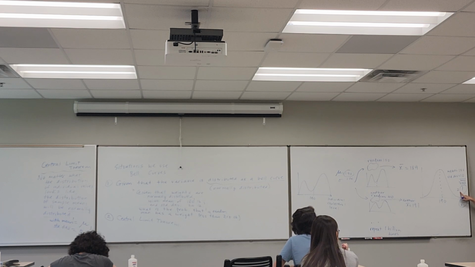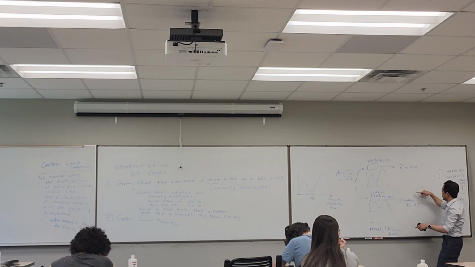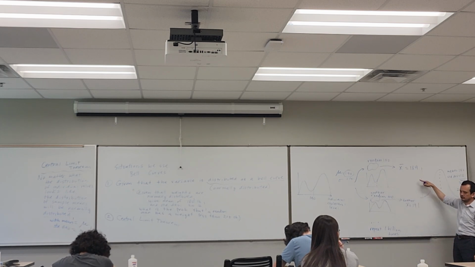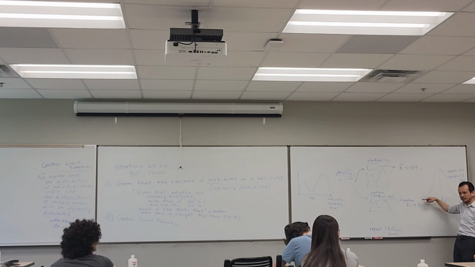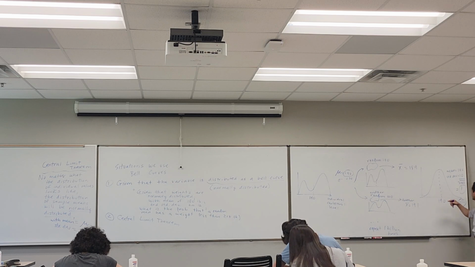So why would that make sense? That means the spread of this new bell curve will be smaller, it will be tighter. All these values will have less variation or less fluctuation. The reason for that is if you look at these sample means, we said that they all cluster around the original mean of 190. So all these are going to have very low fluctuation around 190. That's why the standard deviation is lower than the original standard deviation. And in fact, it's a lot lower. This standard deviation is only 1.